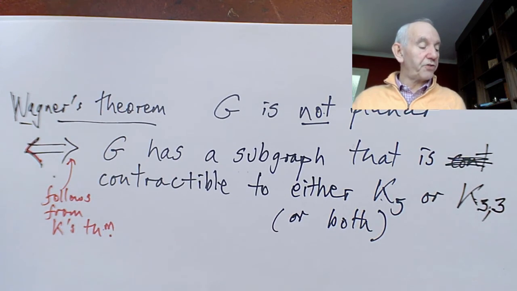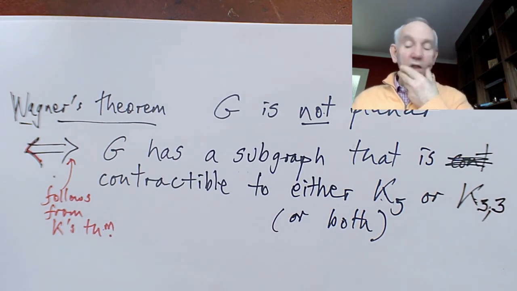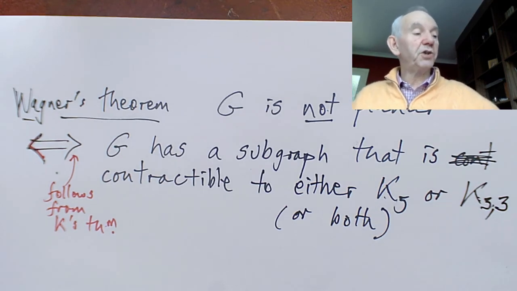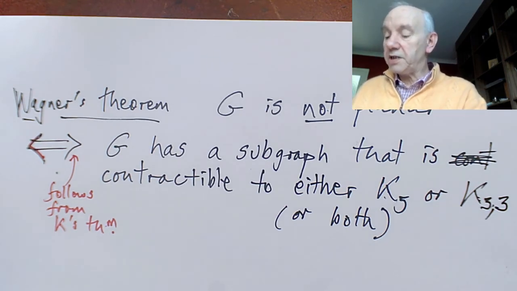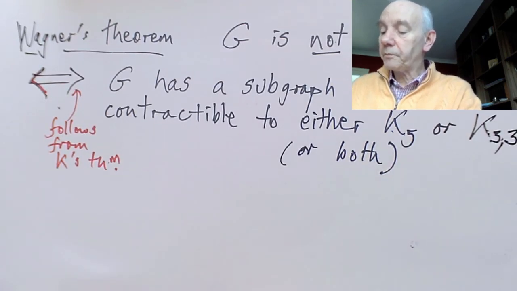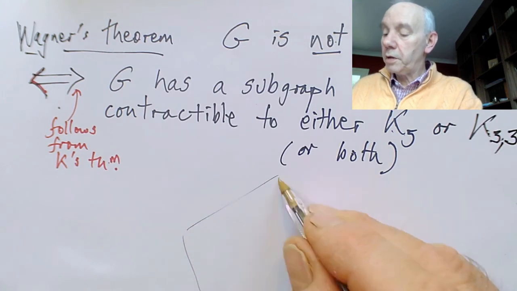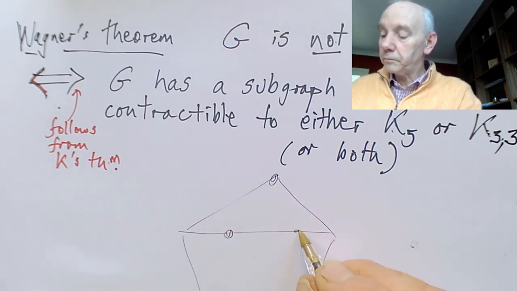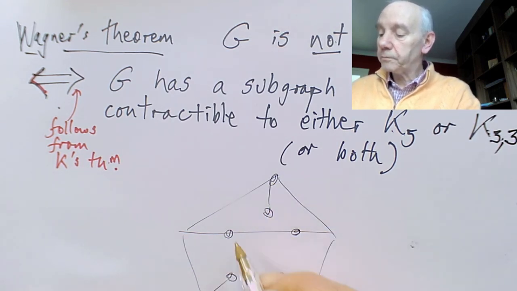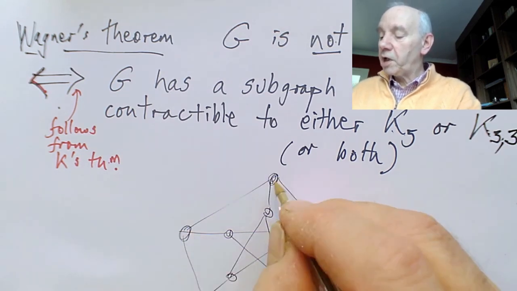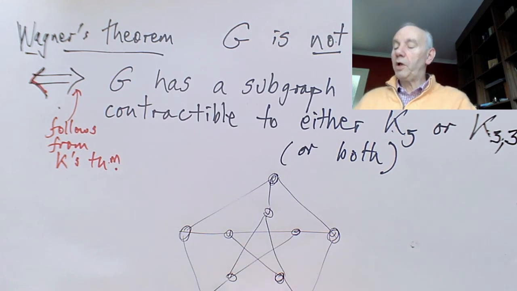Let me finish with the classic example, and this again is of the Petersen graph, in which you can actually see this theorem. So if we take the Petersen graph yet again, in a pentagram. What are we doing? We're looking for a subgraph.